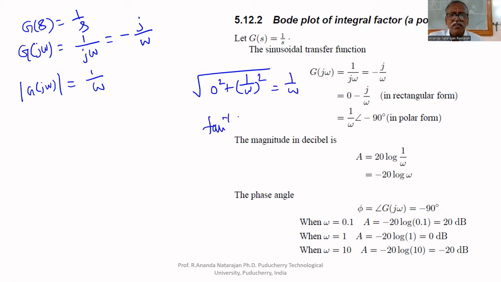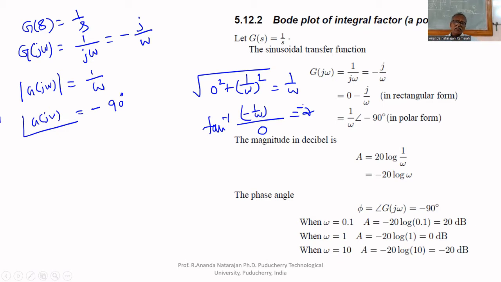Angle equal to tan inverse of imaginary part over real part. The imaginary part is 1 by omega, and the real part is 0, therefore that is infinity. Therefore, the angle of g of j omega is always minus 90 degree. This is minus infinity, that's why always minus 90.